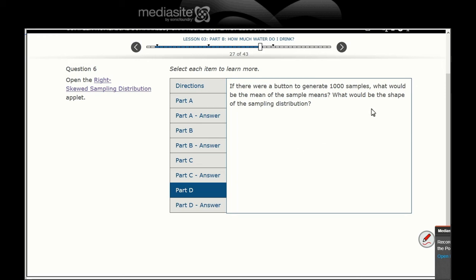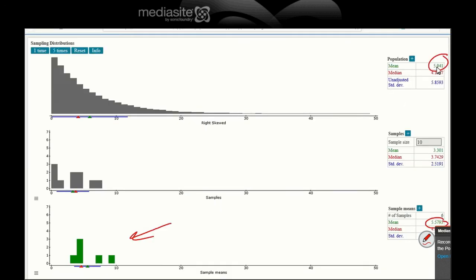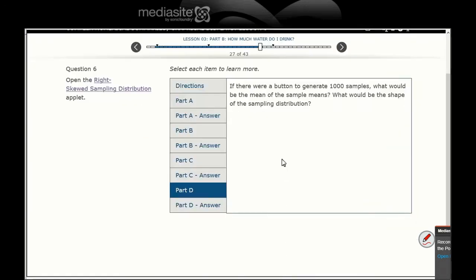Of course, if we generated 1,000, what would be the mean of the sample means? I would highly surmise it would be 5.941, and it would be a normal distribution.